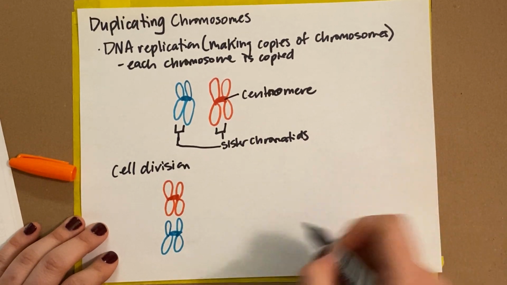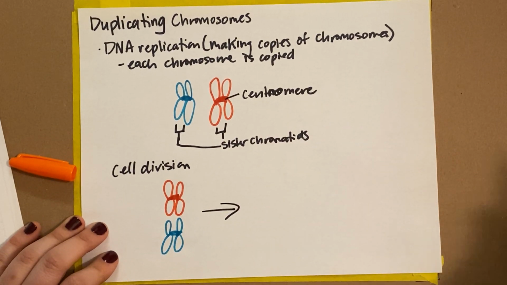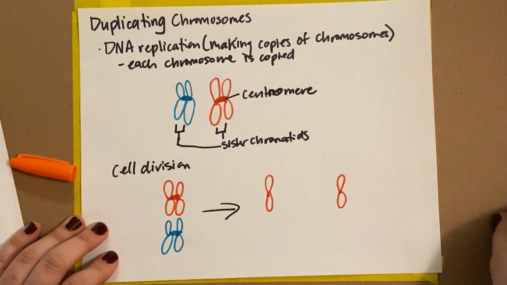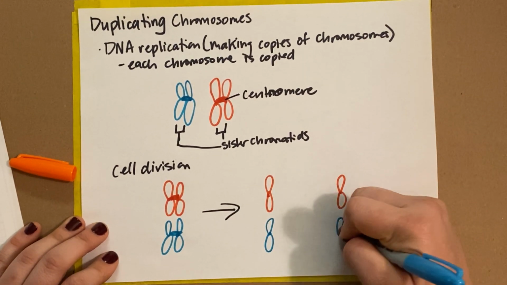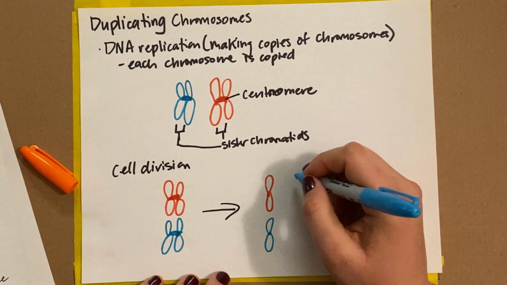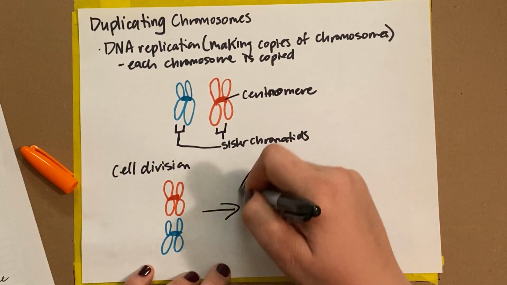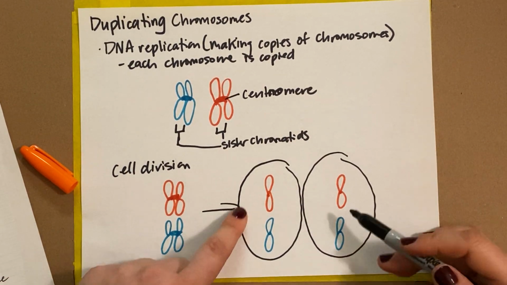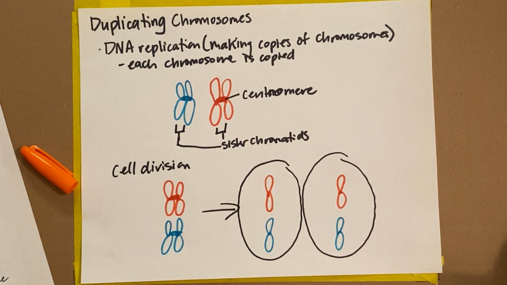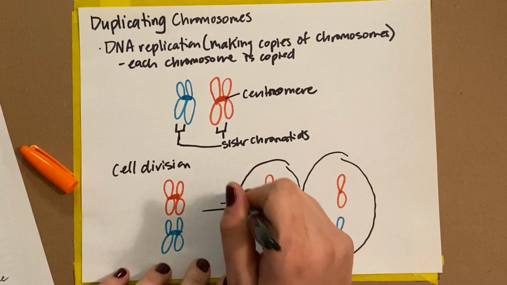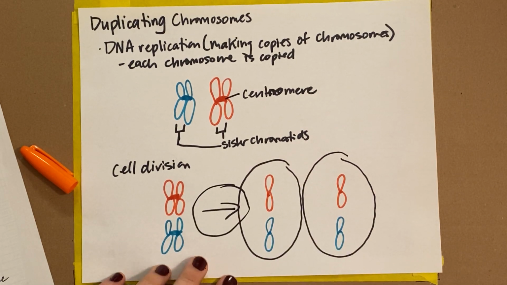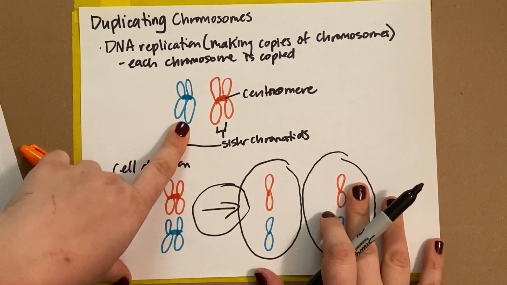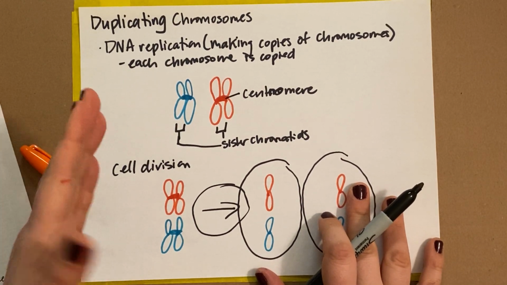And then through the process of cell division, we're going to have the orange sister chromatids separate from each other. The blue sister chromatids are going to separate from each other. And we're going to end up eventually with one cell and another cell, okay? And they're going to have the correct number of chromosomes and the right types of chromosomes. So now we're going to talk about what's actually happening here. Okay, so for now, again, all you need to know about duplicating chromosomes is that you create a sister chromatid, which is an exact identical copy of each chromosome.